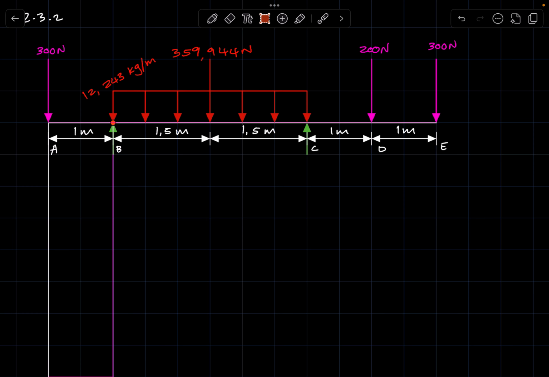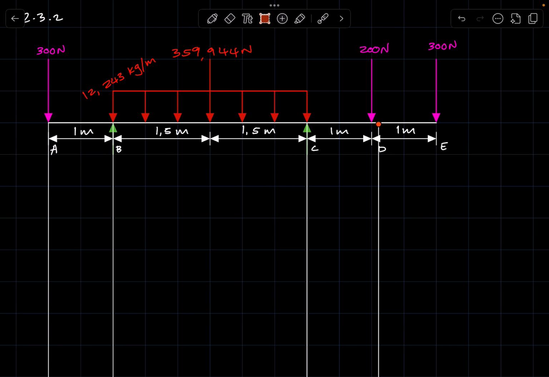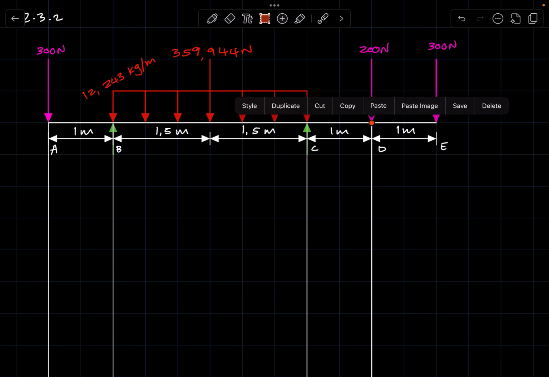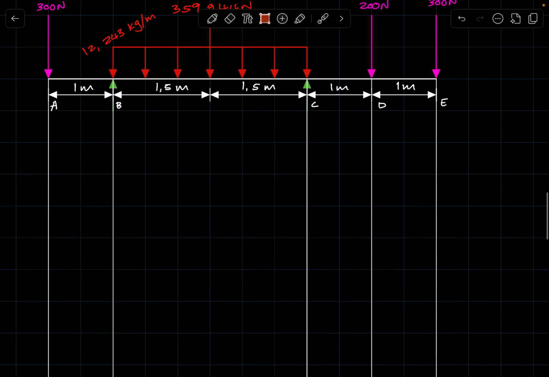I have one here, one here, one there, and there. Right, now I've extended vertical lines from all of our critical points.